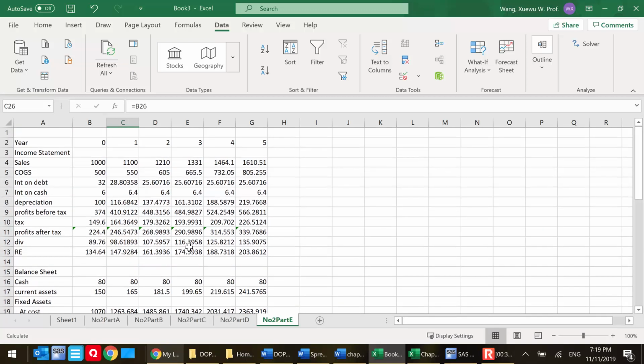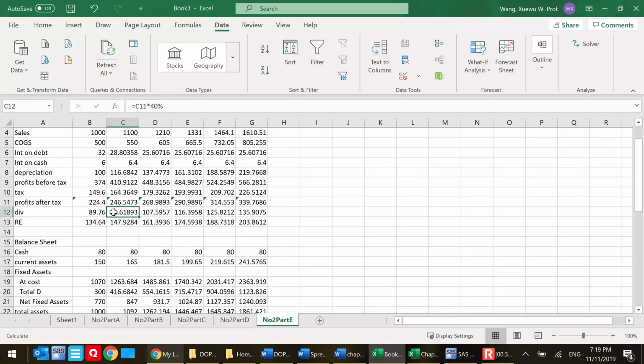Instead of looking at the dividend payout ratio, the dividend in year one is going to be 1,000 shares times 15 cents per share, which is 150.